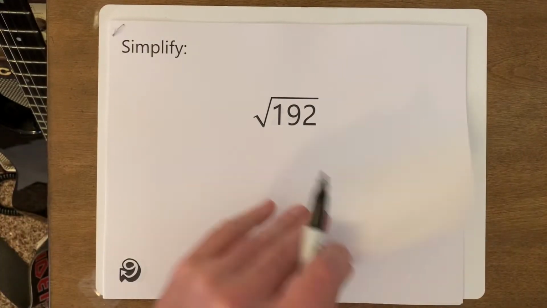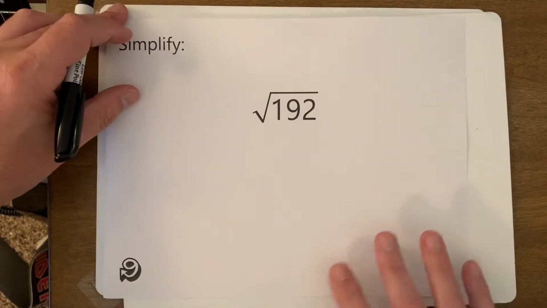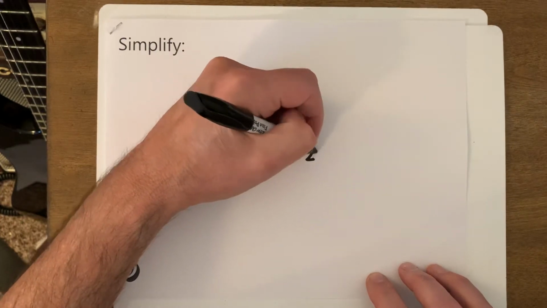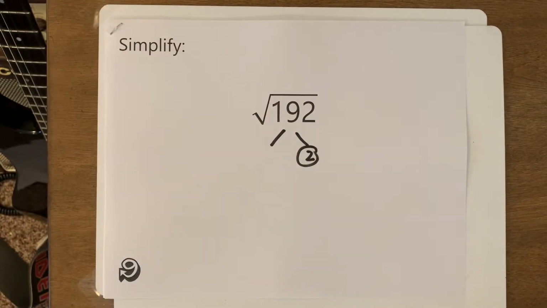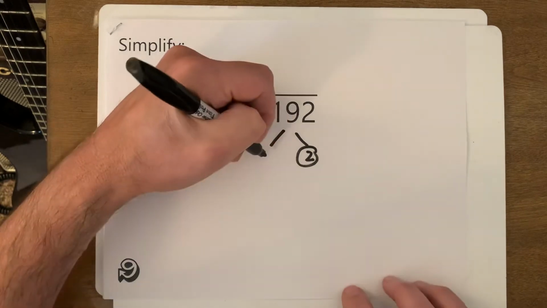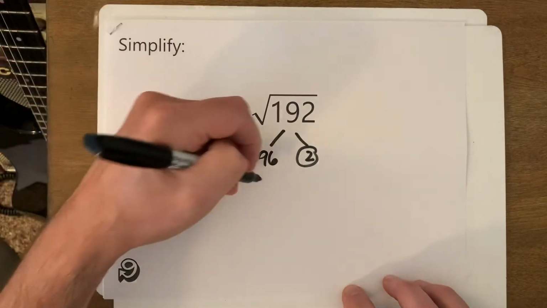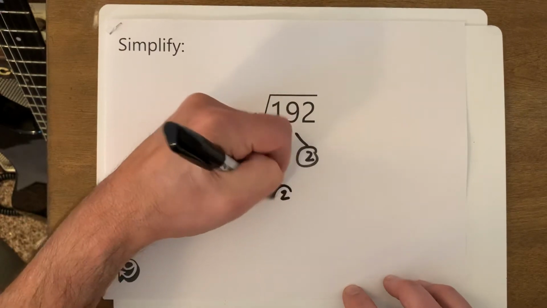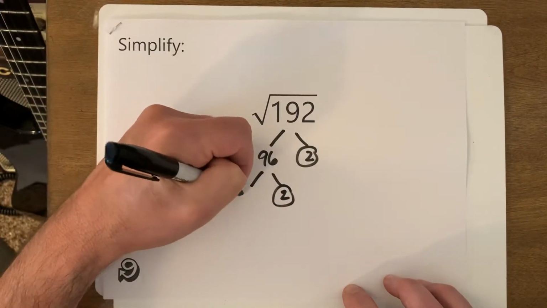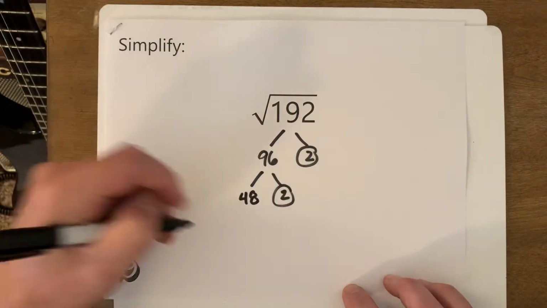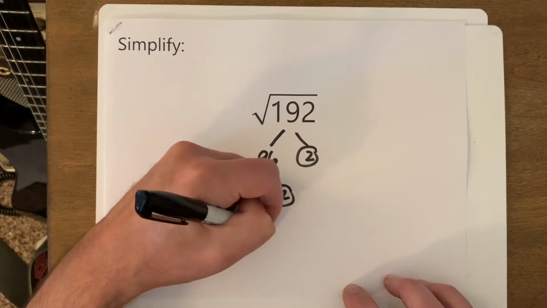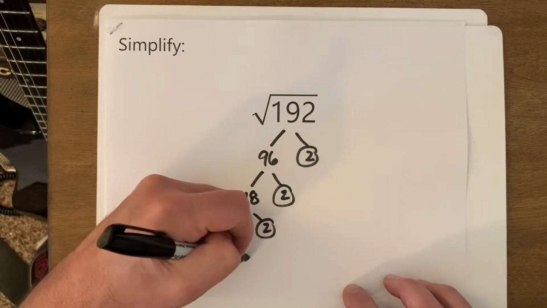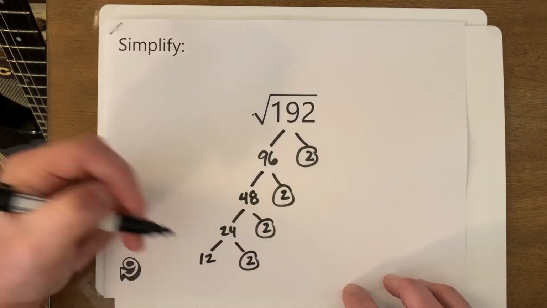Okay, 192. So this time, let's divide by 2. 192 divided by 2 is going to be 96. Again, it's even. 96 is 2 times 48. 48 is 2 times 24. 24 is 2 times 12.